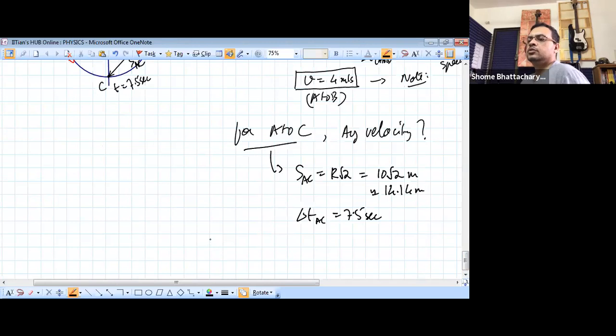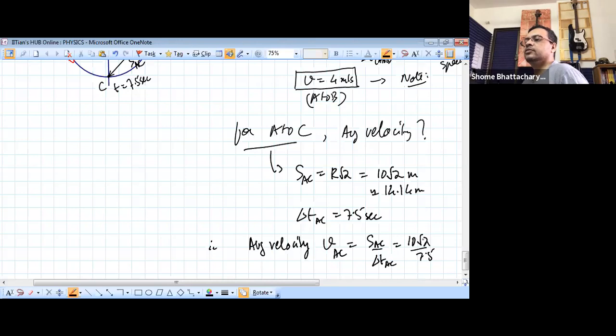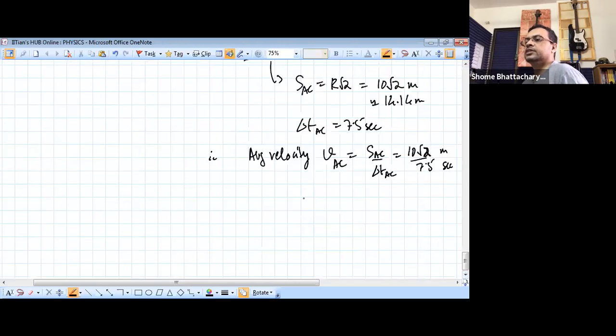So the average velocity from A to C will become displacement from A to C divided by the time interval. So 10 root 2 divided by 7.5, again meters divided by seconds, giving the answer in meters per second. So this average velocity will come out to be 4 by 3 root 2.